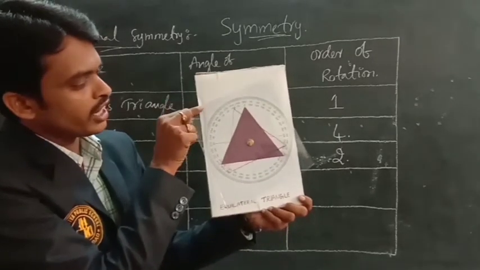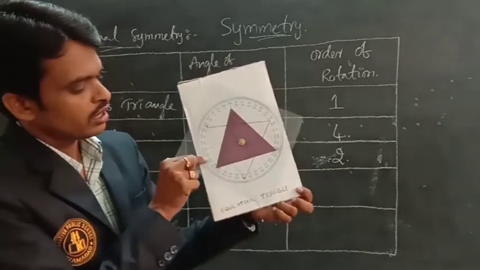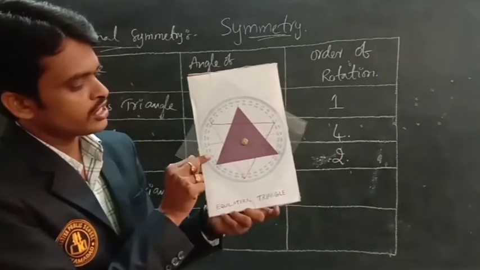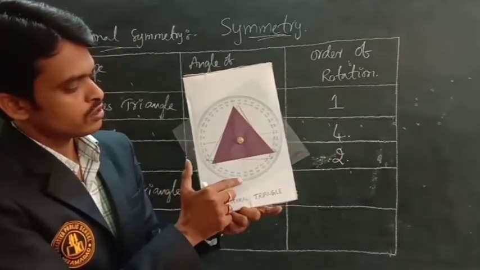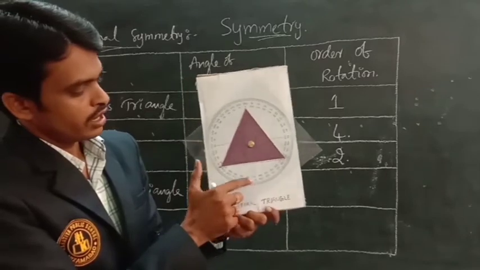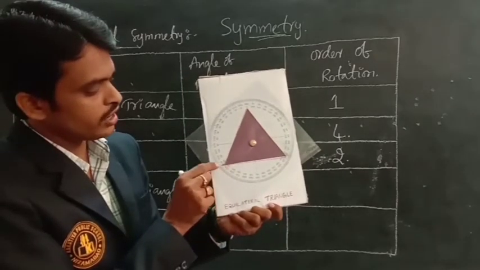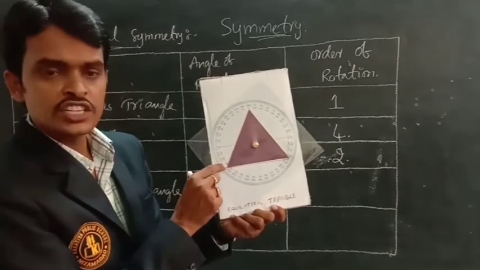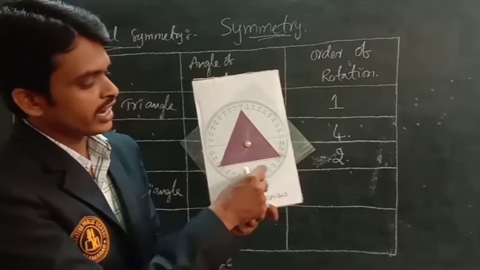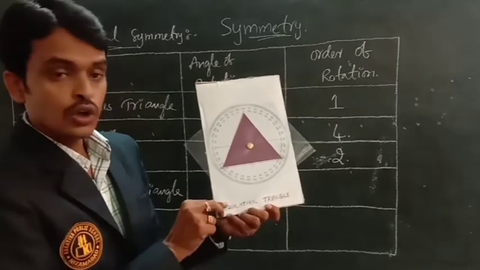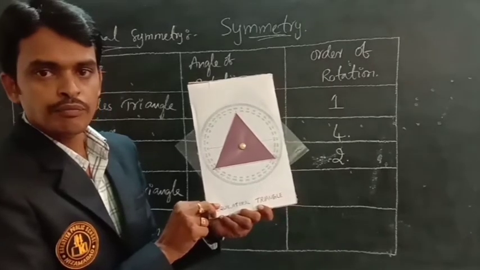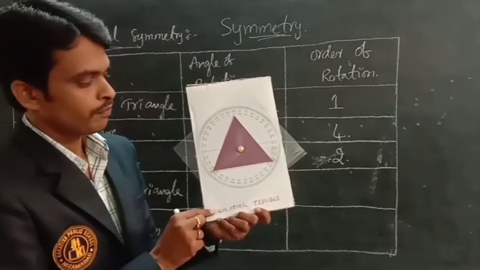So now we are rotating like this. Yes, at 120 degrees, the equilateral triangle gets to its same original shape.